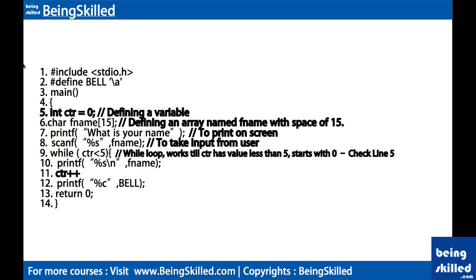Here we are defining it by typing int, then the variable's name, and we are also assigning a value to it. So 0 will be stored inside CTR, which is an integer type variable, and the variable's value can be increased or decreased or changed.